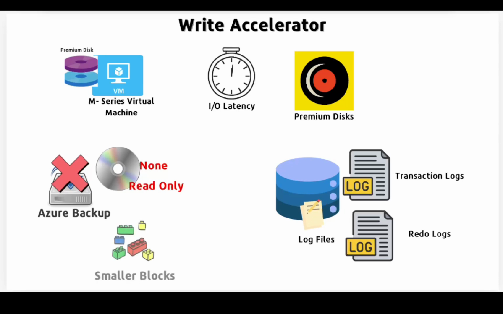And also make sure only smaller IO blocks less than 512 kilobytes are processed through this accelerated path. Also, don't forget there are limits on the number of Azure Premium VHDs that can support Write Accelerator per virtual machine. So keep that in mind when you're planning your infrastructure.